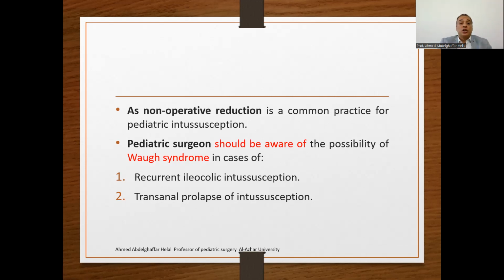So in both conditions, you must be aware that the case may be Waugh syndrome, which means intussusception associated with malrotation, which needs operative correction of malrotation and also correction of the intussusception.